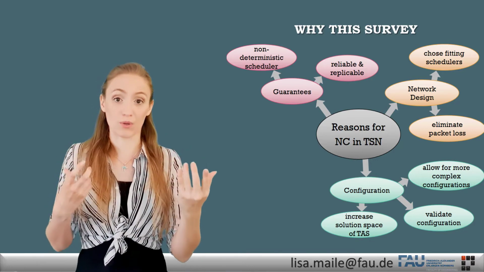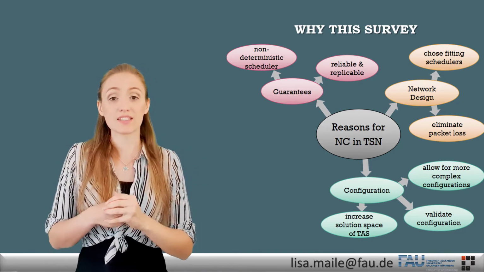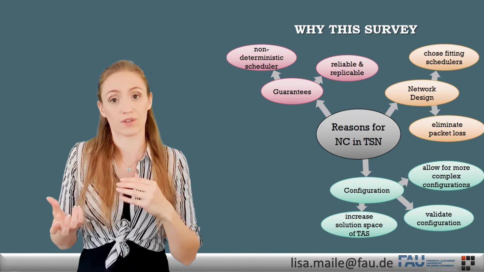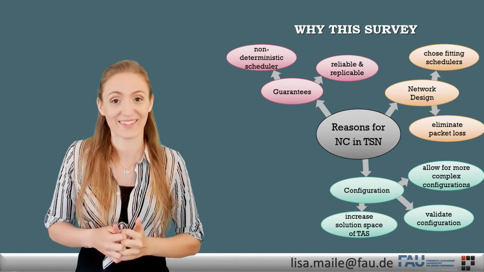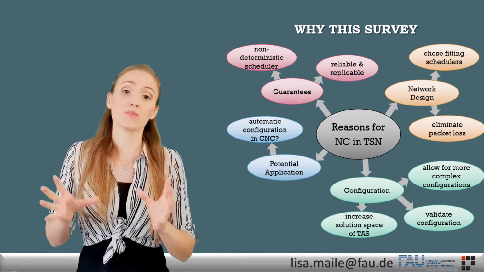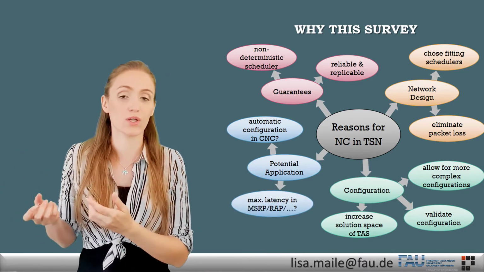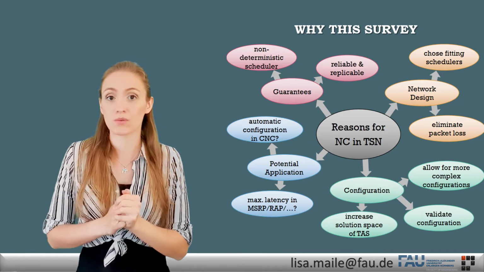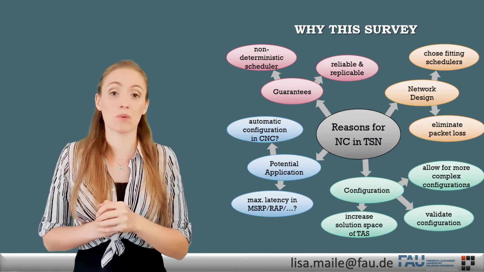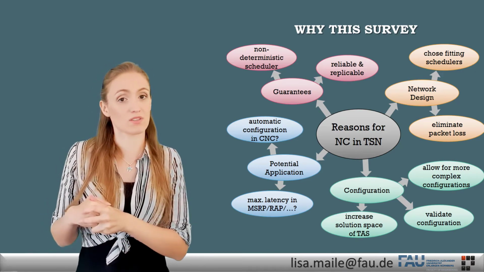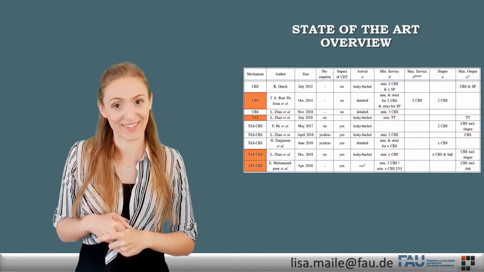We can model more complex configurations and thus increase the solution space of our configuration. And where can we use this? Either we implement it in a central point in the network, the so-called centralized network controller, or maybe also decentralized, as future work, to update the maximum accumulated latency field of stream reservation protocols in TSN.